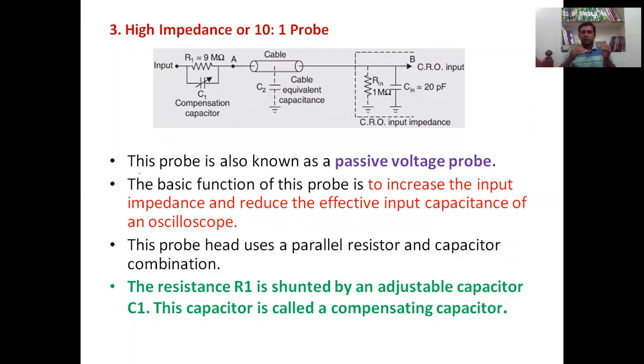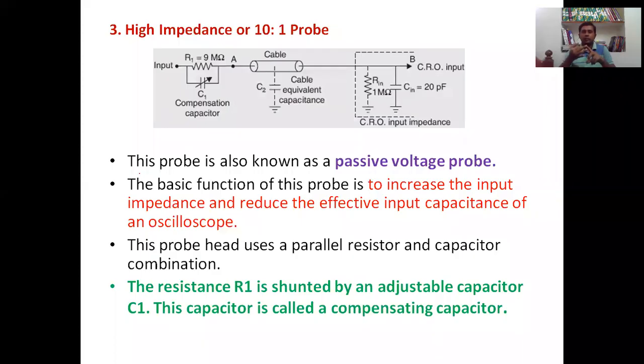So now, what we discussed in this class. First one is the structure and the position where we use the CRO probe. The CRO probe is used between the circuit output and the CRO inputs. And the basic essential requirements of CRO probes: it should not alter the circuit conditions, and it should be a conducting one, right?